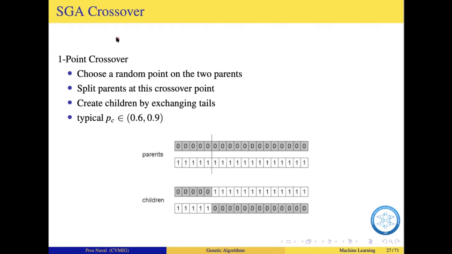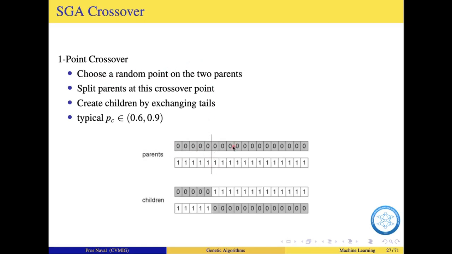So let's take a look at the SGA crossover. Here's the 1-point crossover. These are the parents, two parents. Here we select a random point on the two parents.